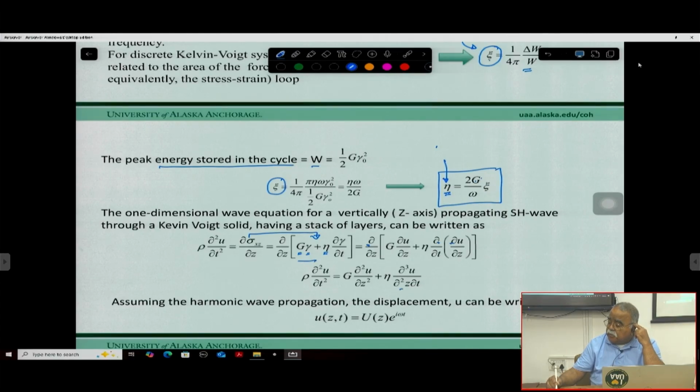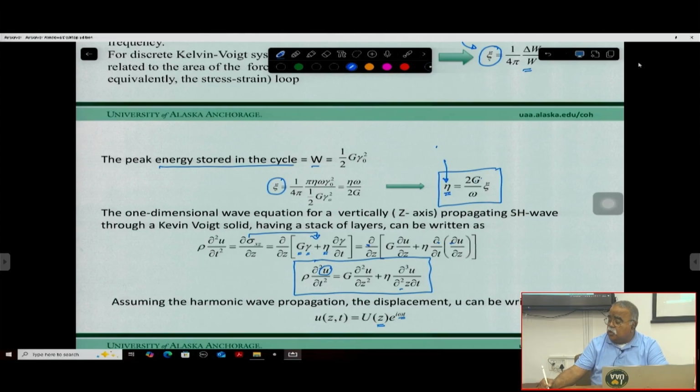So this is our equation of a Kelvin-Voigt solid. Now u is the deformation, the soil deformation, and it depends on two things: one is z, that means with depth, and also the time part.